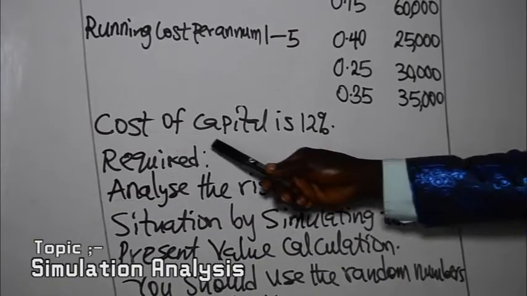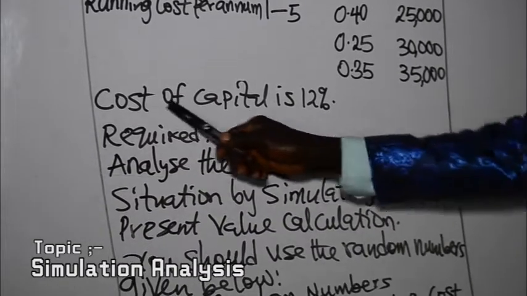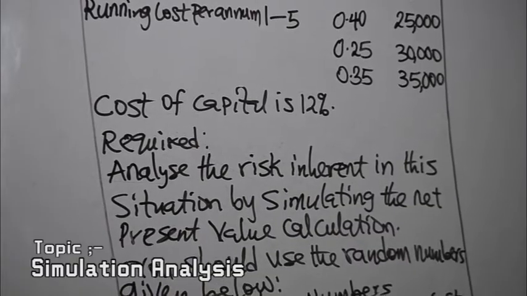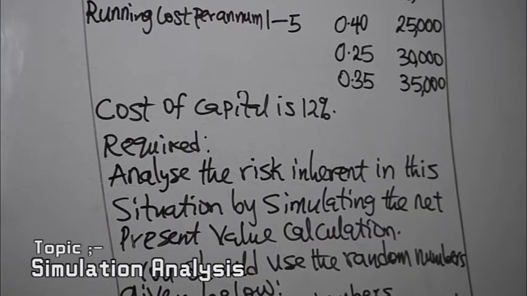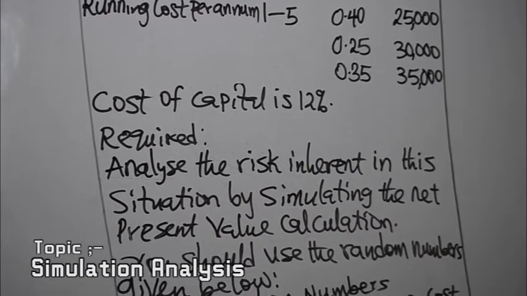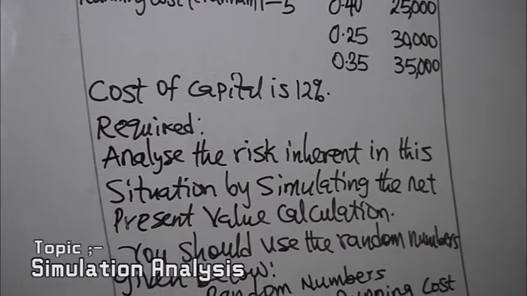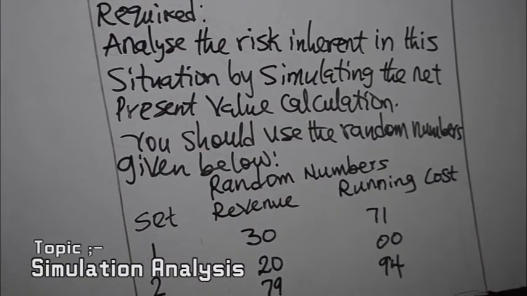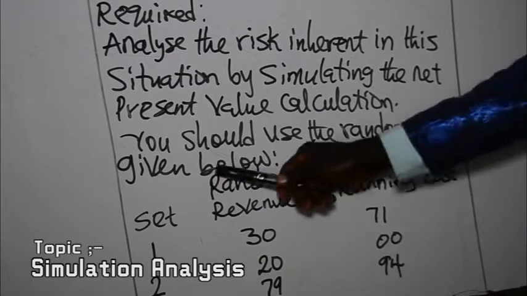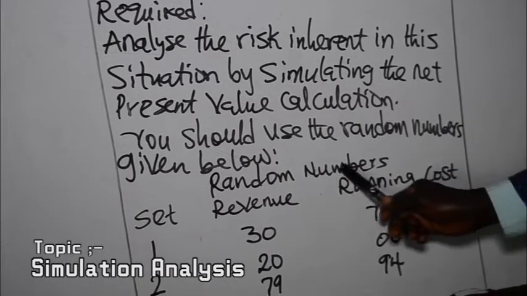The cost of capital is 12%. Required: analyze the risk inherent in this situation by simulating the net present value calculation. You should use the random numbers given below.